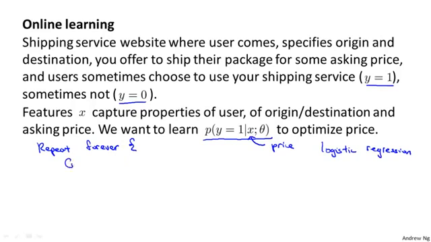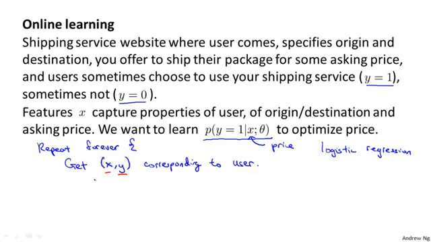And what happens on the website is occasionally a user will come, and for the user that comes, we'll get some (x, y) pair corresponding to a user on the website. So the features x are the origin and destination specified by this user and the price that we happen to offer them this time around, and y is either 1 or 0 depending on whether or not they chose to use our shipping service.